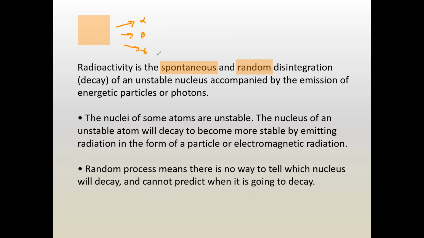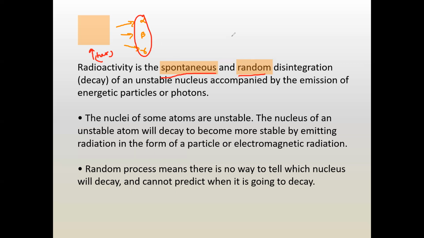This process is spontaneous, meaning it cannot be triggered or influenced by external factors. If I supply heat energy to this material, it won't change the amount of radiation coming out. If the radiation is not affected by external conditions, we call that spontaneous.